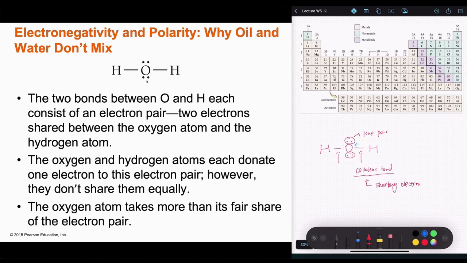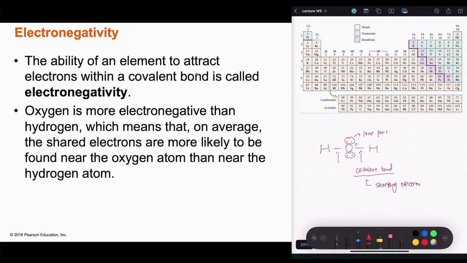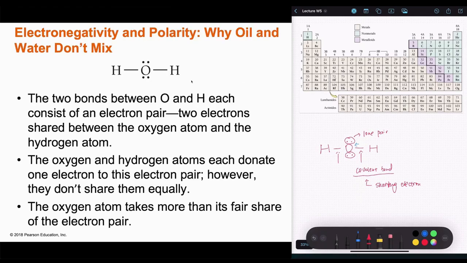The oxygen atom has a stronger ability to drag the electrons to itself compared to the hydrogen atom. So although we say this oxygen-hydrogen bond is a covalent bond, where they share the electrons, these two electrons are not shared equally by the two atoms.